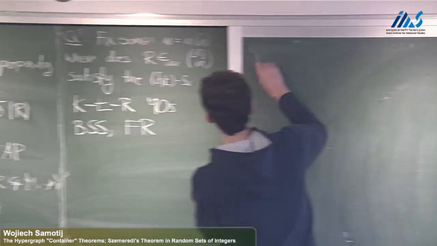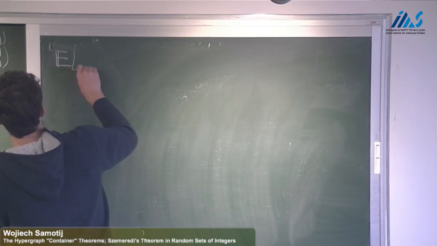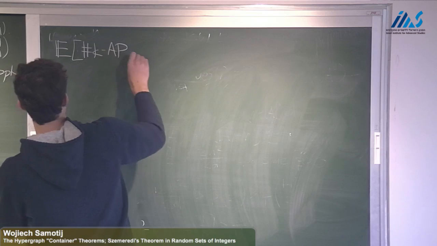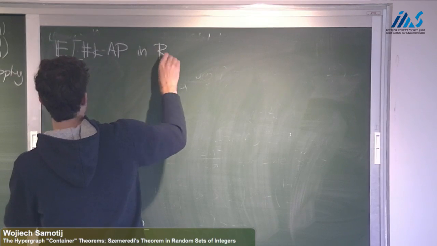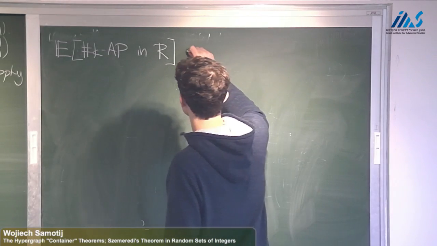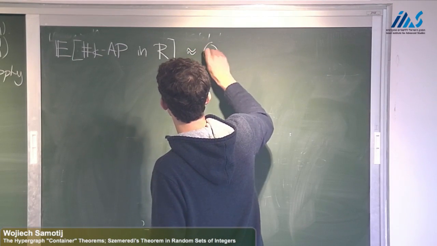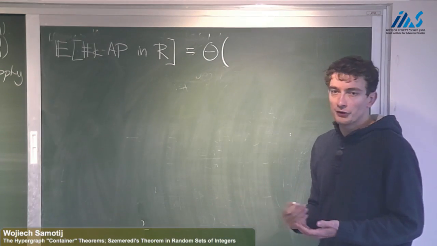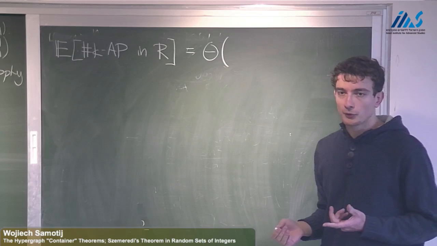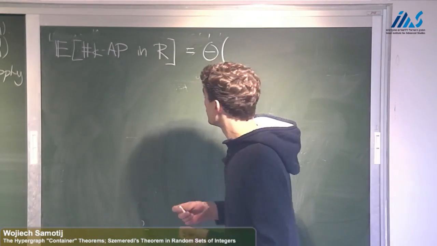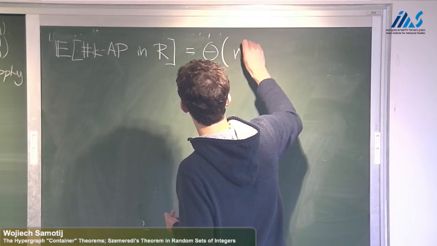So let's compute the expected number of k-term arithmetic progressions in this set R. So very roughly, the set of integers 1 through n contains order n squared k-term arithmetic progressions. We just choose the starting point and the common difference.